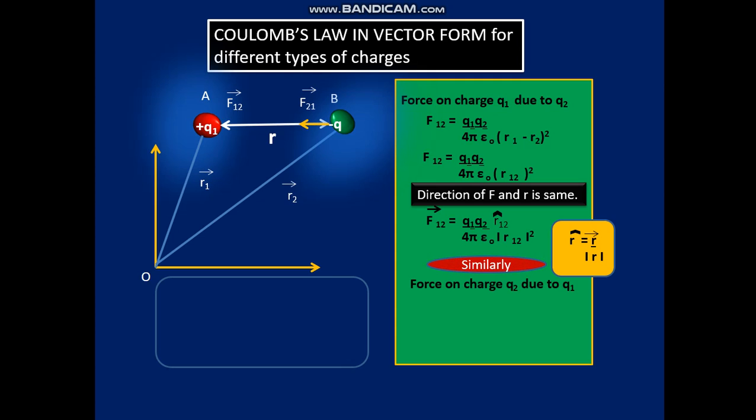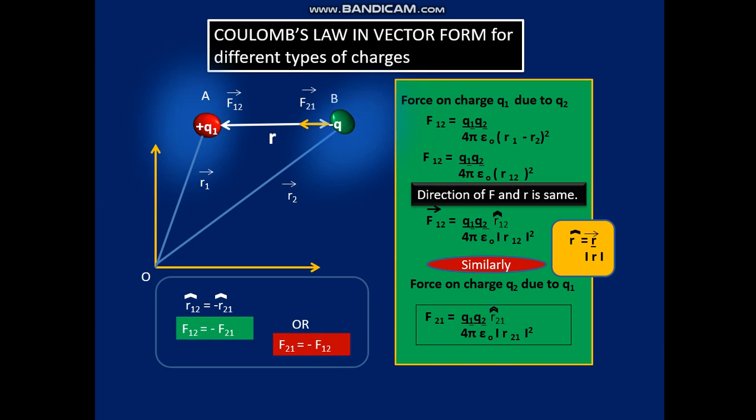Similarly F21, the force on charge q2 due to q1, is q1 q2 upon 4 pi epsilon times the unit vector r21 upon mod r21 squared. r12 is equal to minus r21 again. F12 is equal to minus F21, or F21 is equal to minus F12. This will be true even if the charges are interchanged.